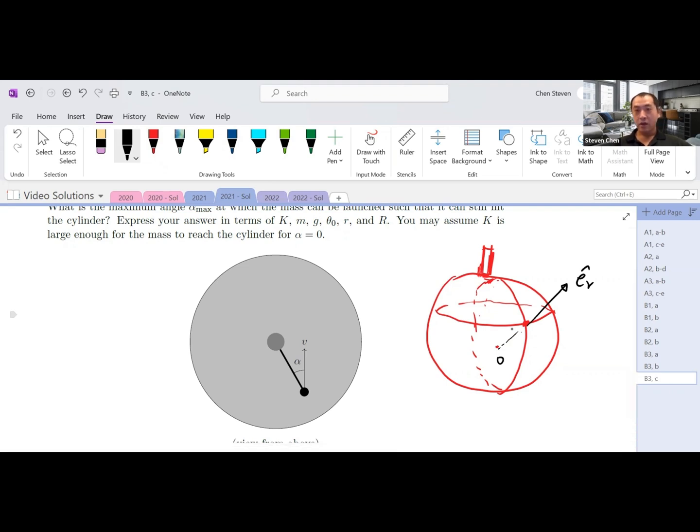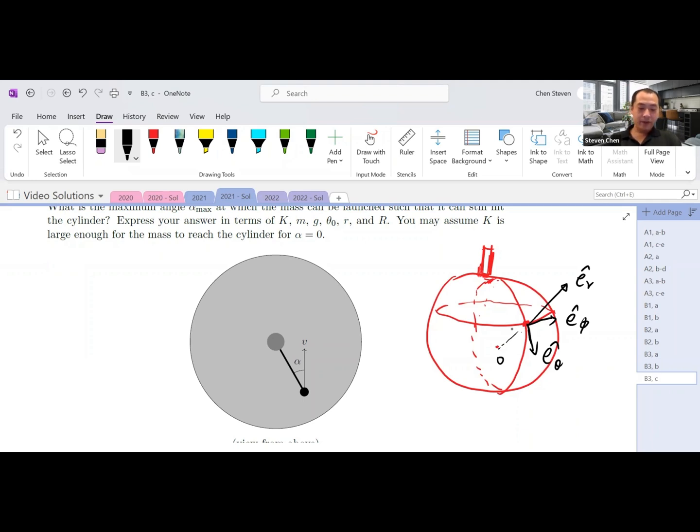And then along the longitude, the tangent going downward is E theta. And on the horizontal latitude plane, this tangential direction is E phi. So those are the basis of the spherical system, right?